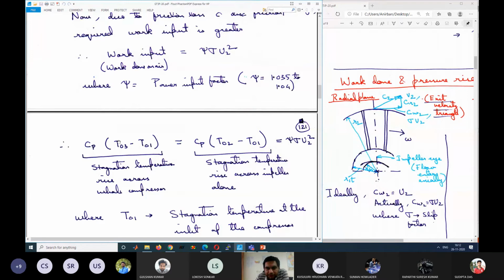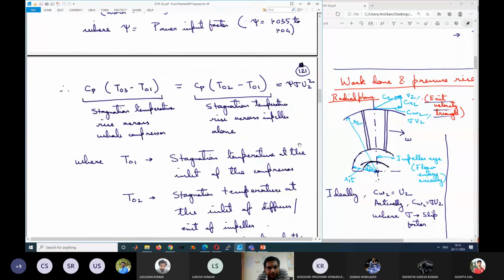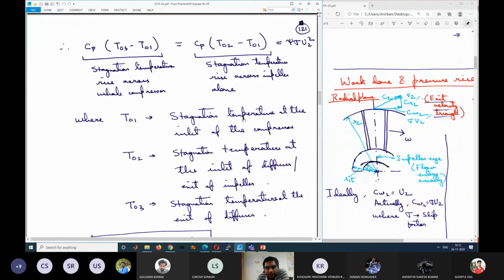This is equal to psi sigma U2 square, where T01 is the stagnation temperature at the inlet of the compressor, at the mean radius. For T02 it does not matter, it is at any radius. Static temperature will change, but the stagnation temperature does not.